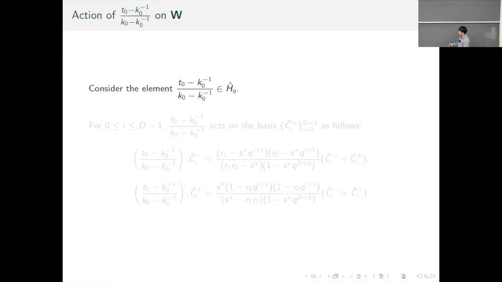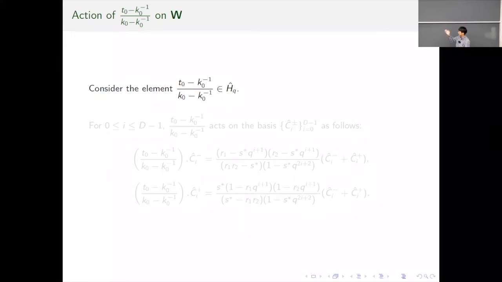First of all, T naught commutes with A, well, T naught T1 and T3 T naught, as we saw earlier. So T naught plays an important role in this HQN module. But in generic representation theory, for a finite-dimensional irreducible HQN module, T naught has exactly two eigenvalues, say K naught and K naught inverse.